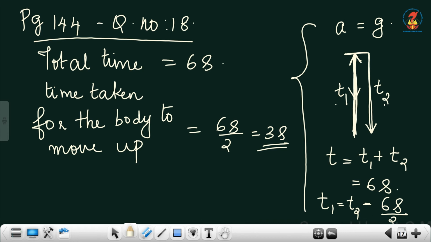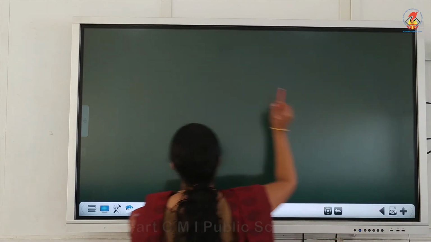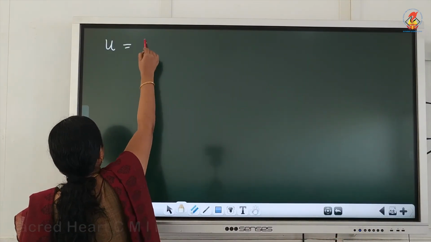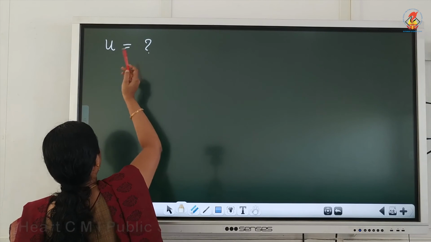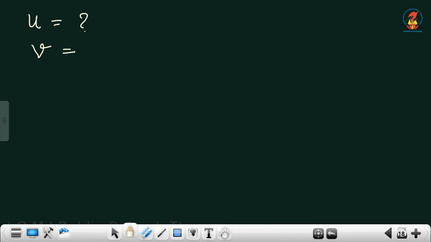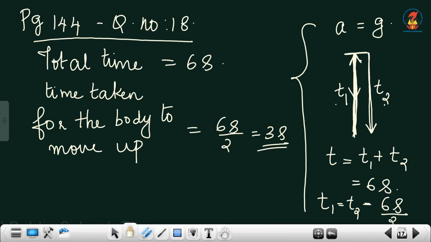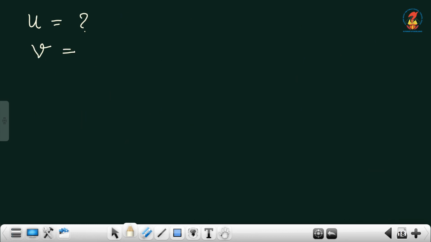Okay. Now find subdivision A, the velocity with which it was thrown up. When a body moves up, its velocity will decrease, and when it attains maximum height, its velocity finally becomes 0 meter per second.